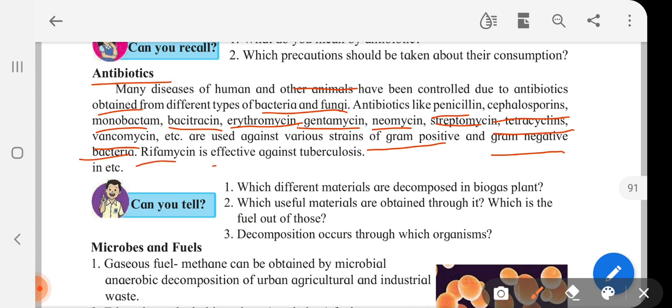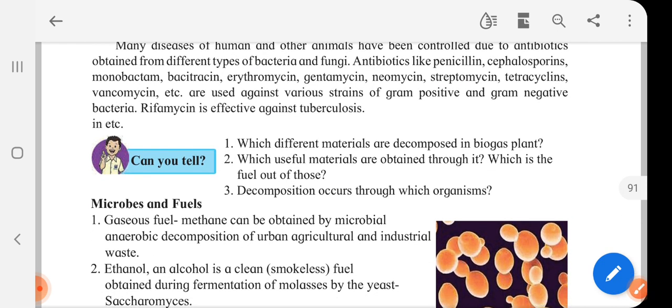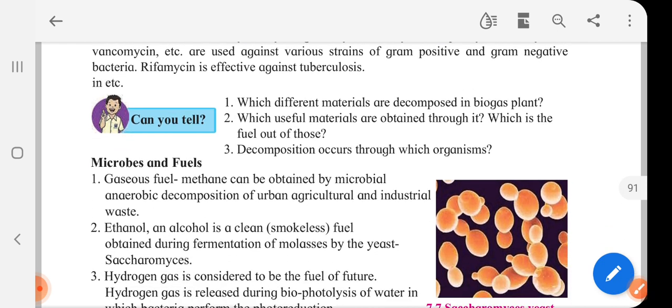Rifamycin is effective against tuberculosis. Okay, so these are the names of different antibiotics which are used by the patients, prescribed by the doctors. Okay, penicillin is the first one amongst all of them, discovered by Alexander Fleming. So all these antibiotics come from bacteria and fungi strains.